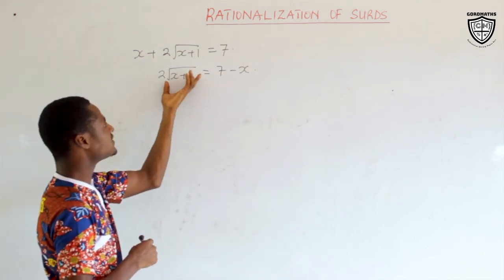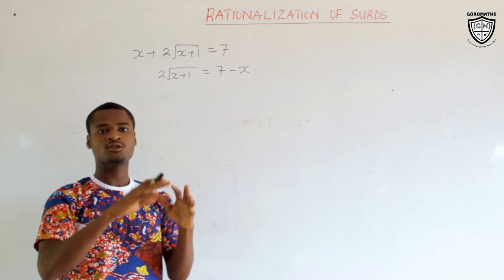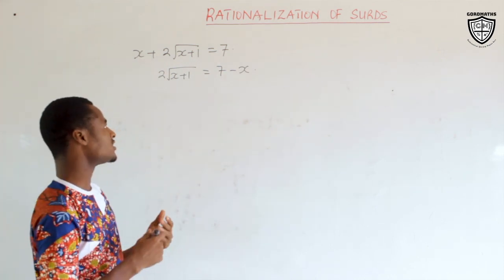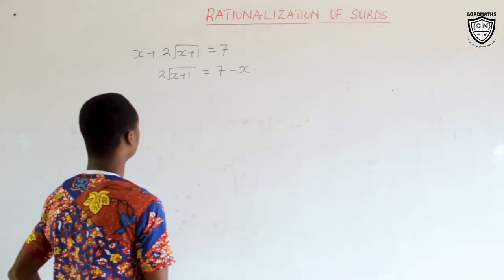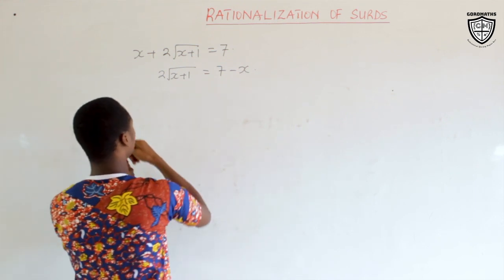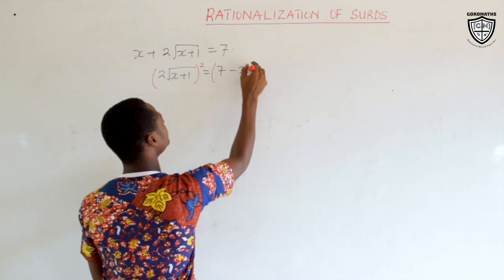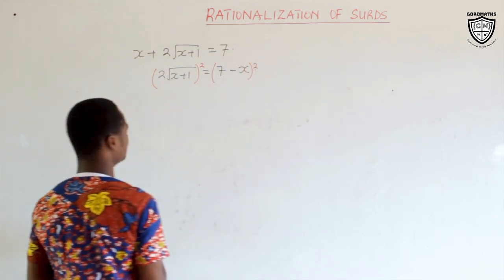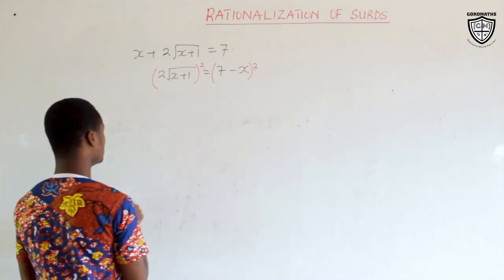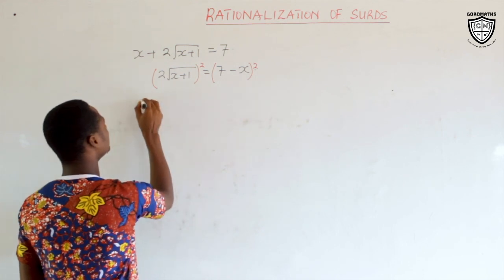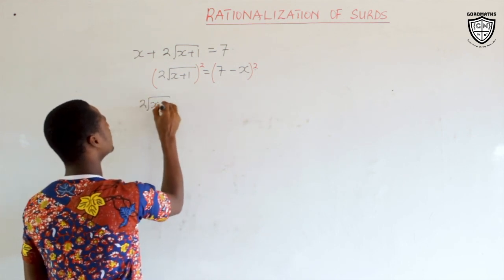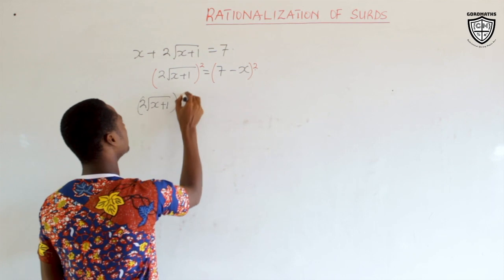In removing these square roots, we must square both sides of the equation. So next, we will square both sides of the equation. That is in an attempt to remove the square roots at the left-hand side. And squaring the equation means we multiply 2 root x plus 1 by itself.